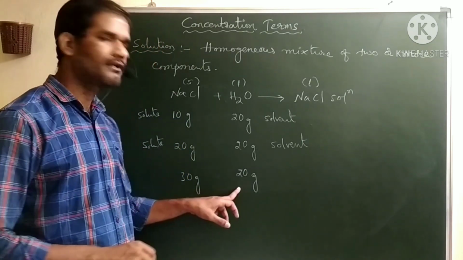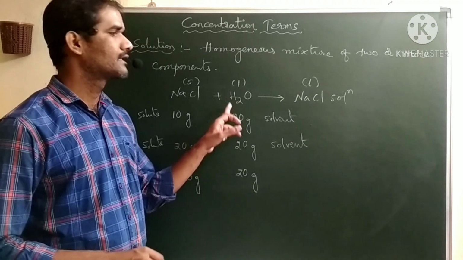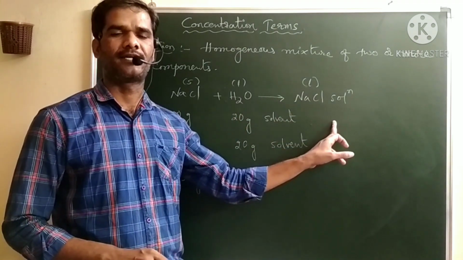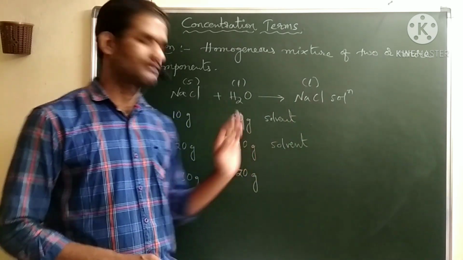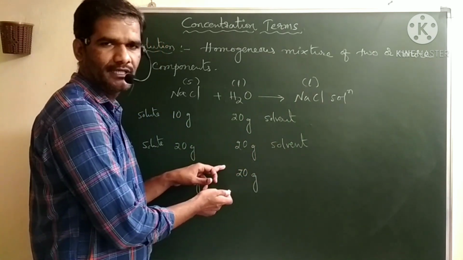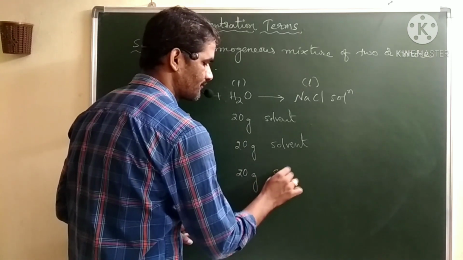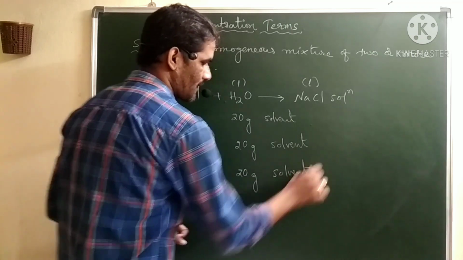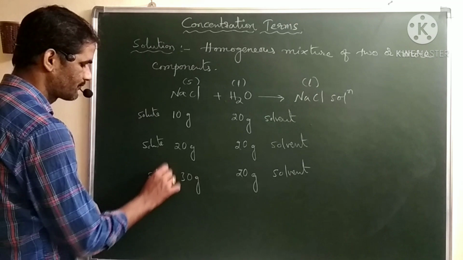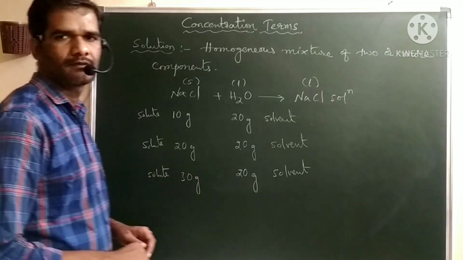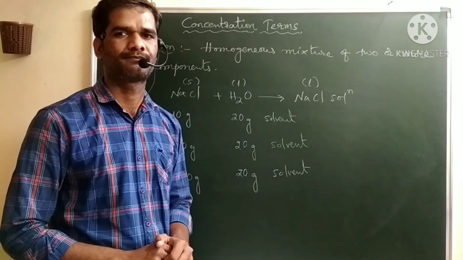So even though the amount of water is less, water retains its physical state. Whatever you take initially in liquid form, finally you get the same liquid. So even though lesser in quantity, water acts as the solvent, and even though sodium chloride is larger in quantity, it is the solute. So we have to define with respect to their physical state, the main definition.